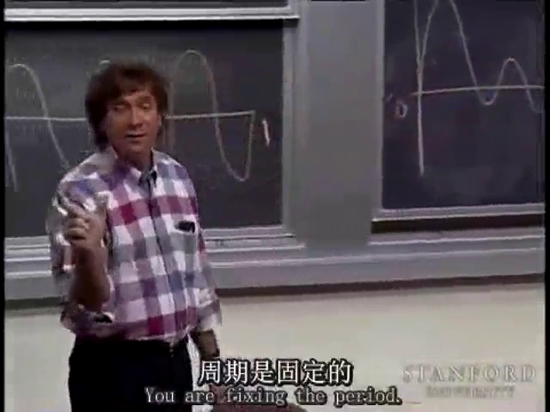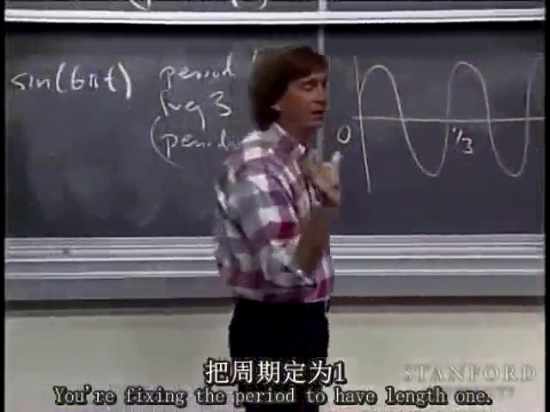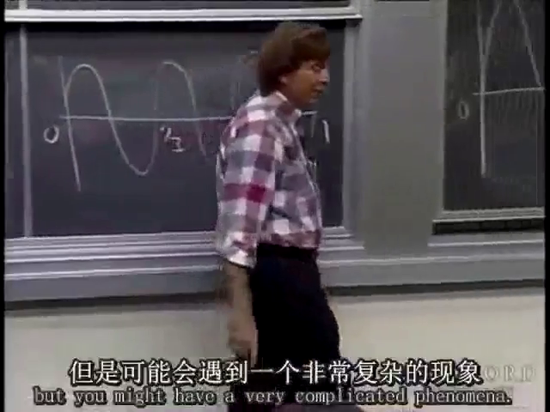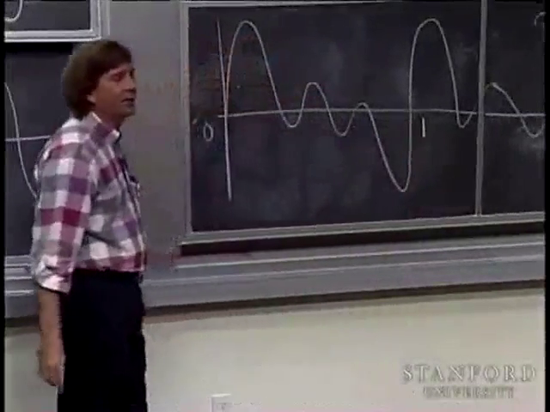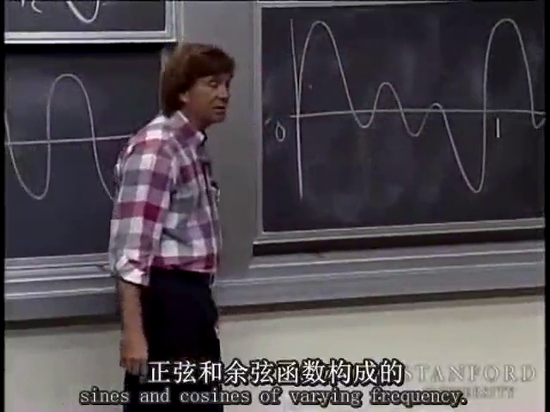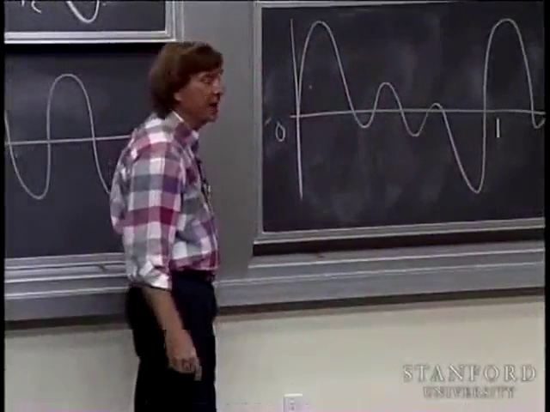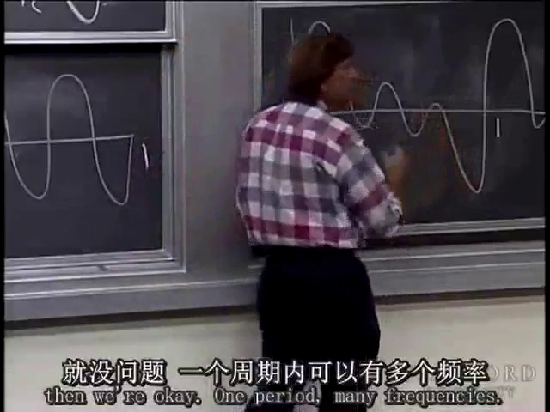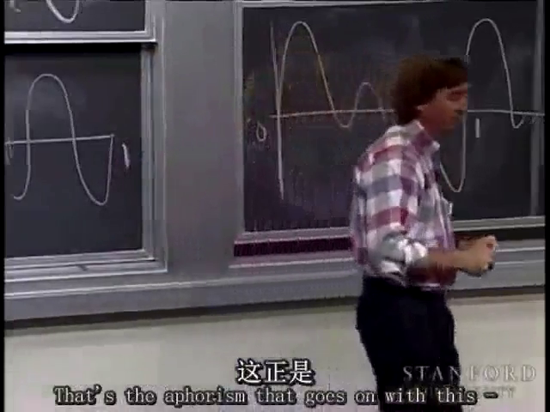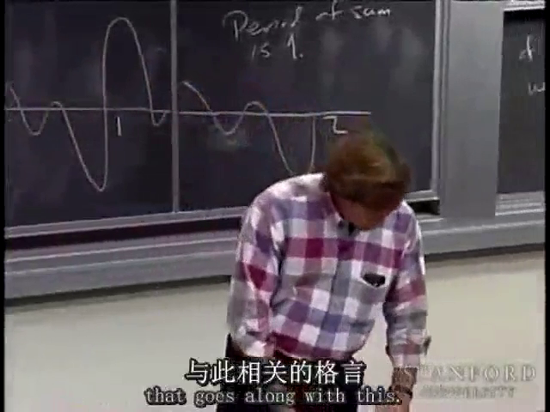You're fixing the period to have a length 1, all right? But you might have a very complicated phenomenon. That complicated phenomenon, as it turns out, is going to be built up out of sines and cosines of varying frequency. As long as the sum has period 1, then we're okay. 1 period, many frequencies. That's the aphorism that goes along with this.